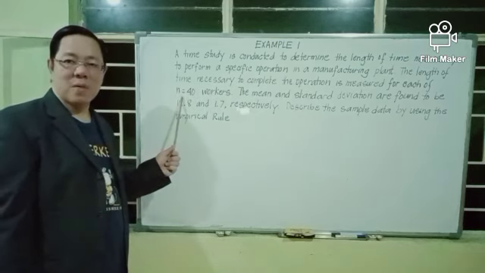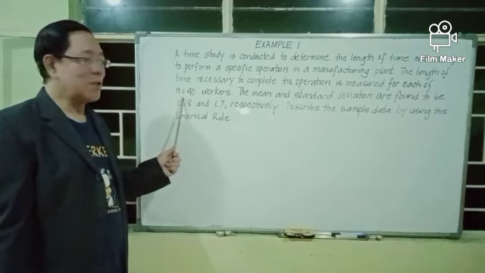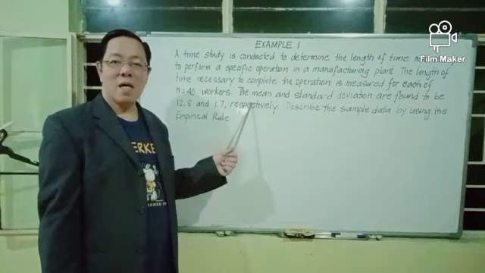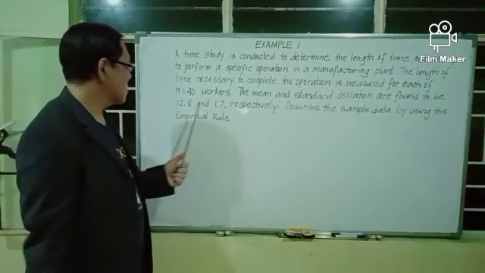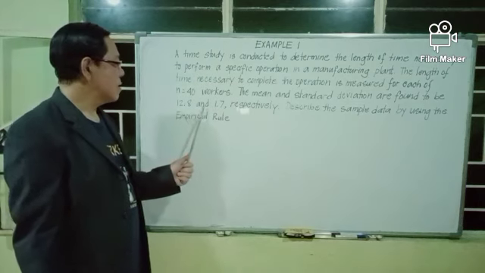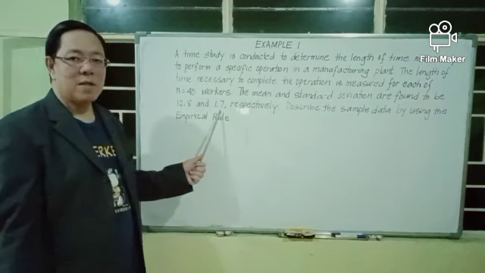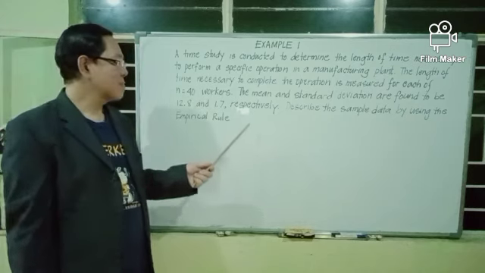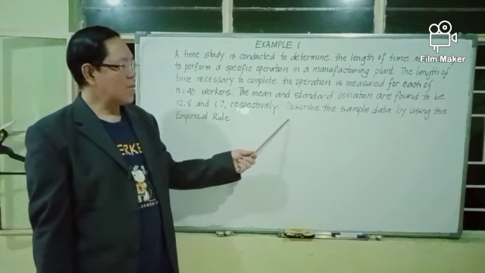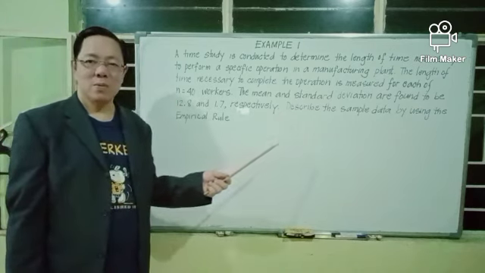And here is the sample size, n equals 40 workers. The mean and standard deviation are found to be 12.8 and 1.7 respectively. The units of time are not given. Describe the sample data by using the empirical rule.